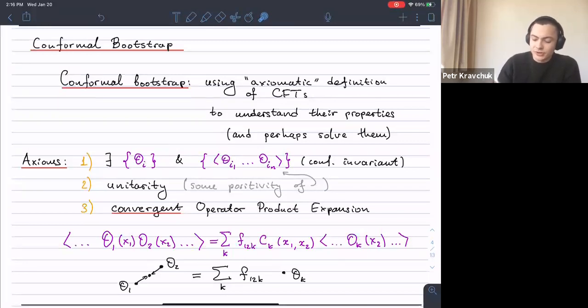It also defines some kind of completeness property for the set of local operators. And this axiom says that if you have a correlation function which involves 2 local operators, then it can be rewritten as a correlation function with fewer operators, where we replace this O1, O2 product by a sum over all operators O_k with some coupling constants and kinematically determined coefficients.